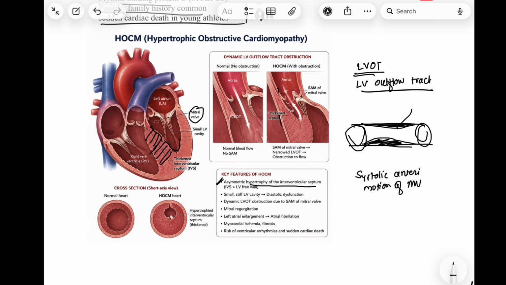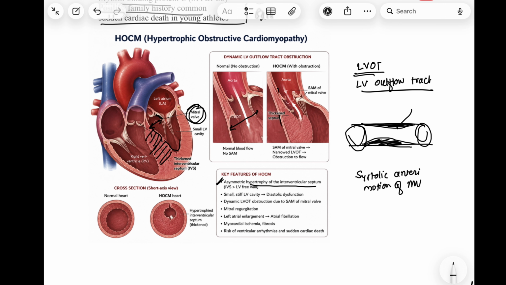Now the distance between this in HOCM and the normal interventricular septum, what do you think? Which distance is more? Of course, when there is no hypertrophy, the distance between the mitral valve and the interventricular septum is more as compared to HOCM. So the distance between the interventricular septum and the mitral valve is decreased, right?